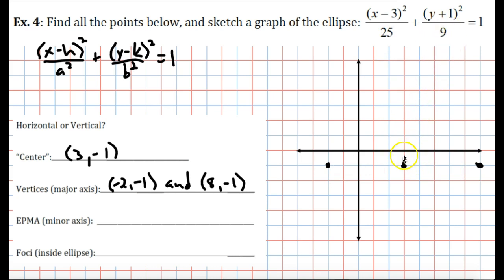Okay, so now this tells me how far to go up and down, the square root of this number. So up 1, 2, 3, and down 1, 2, 3. Right, so those coordinate points, the endpoints of the minor axis, are at 3, 2, and 3, negative 4.